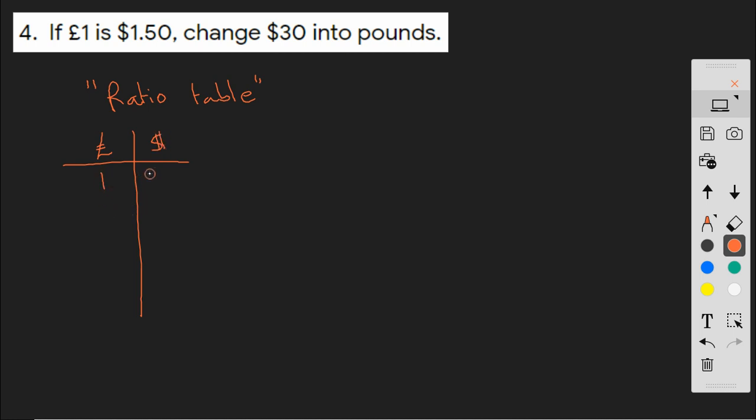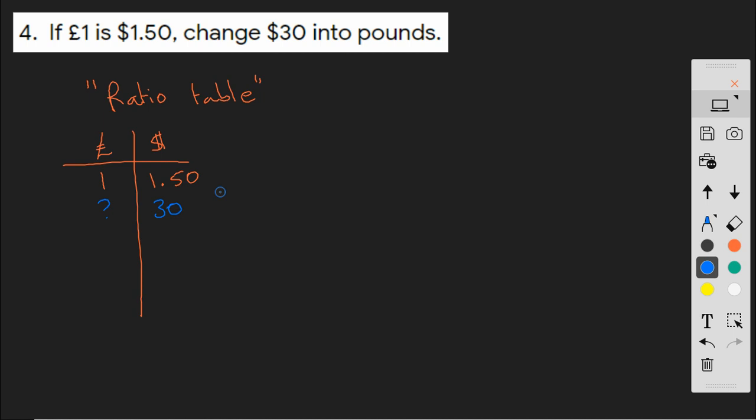And the information that we start with is that £1 is $1.50. And what we're asked to do here is to work out what $30 is.